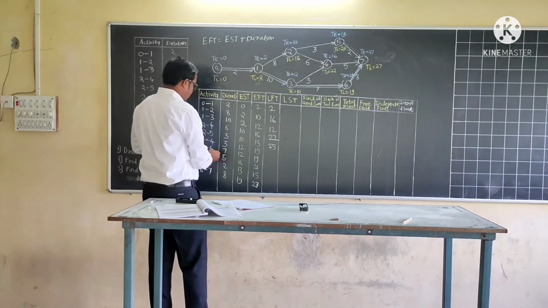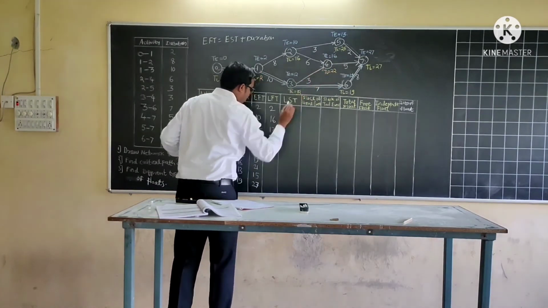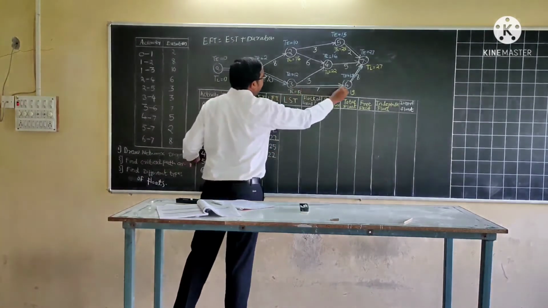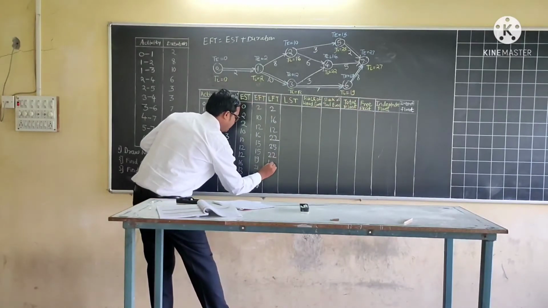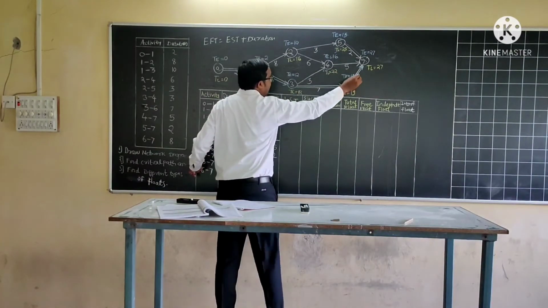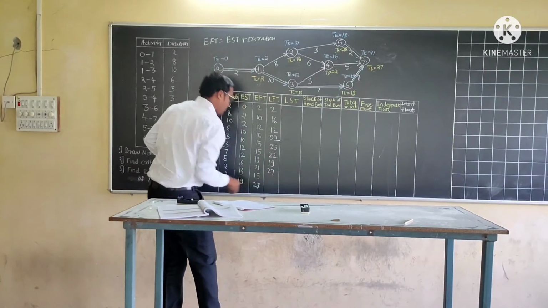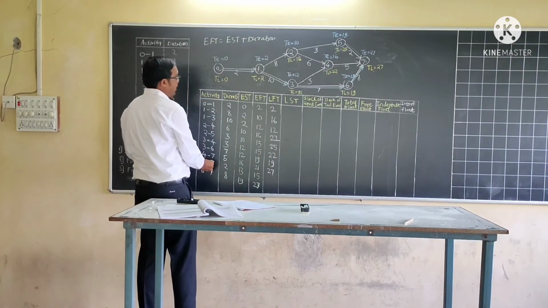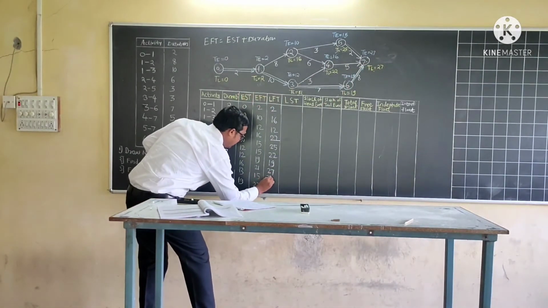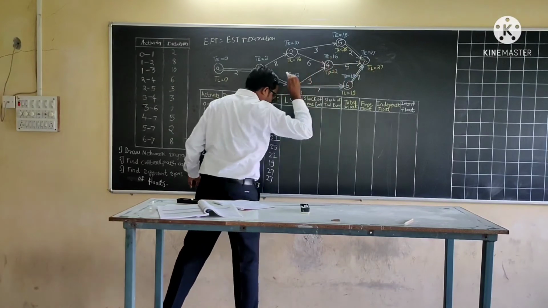Now 3 to 4, ending activity is 4, TL 22. 3 to 6, ending activity 6, TL 19. 4 to 7, ending activity 7, TL value is 27. Activity 5 to 7, ending activity 7, TL 27. Activity 6 to 7, ending 7, TL 27.